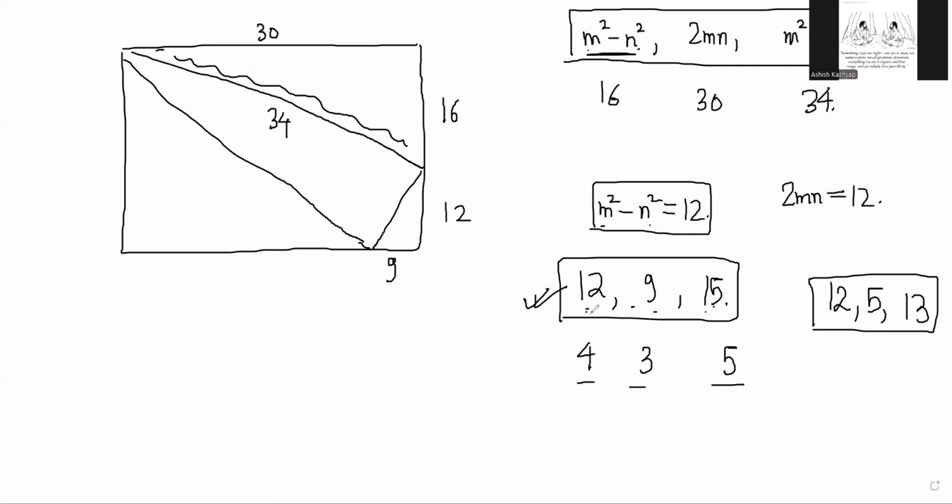So then how are we getting 12, 9, and 15? 2mn is 12, then mn is 6. Mn is 6, then m and n can be 6 and 1 also, or 2 and 3. We have to think of how we can get that.